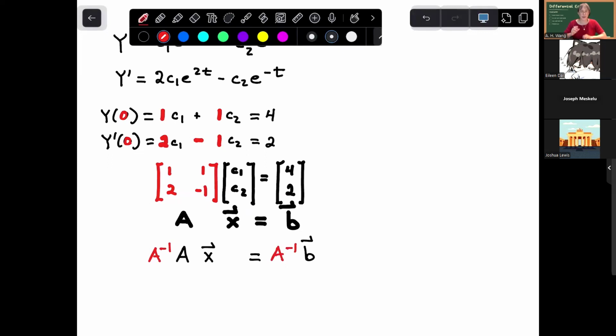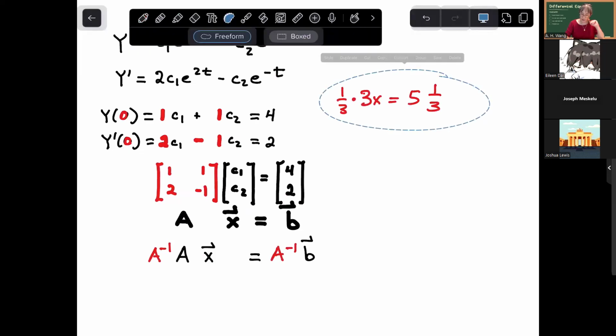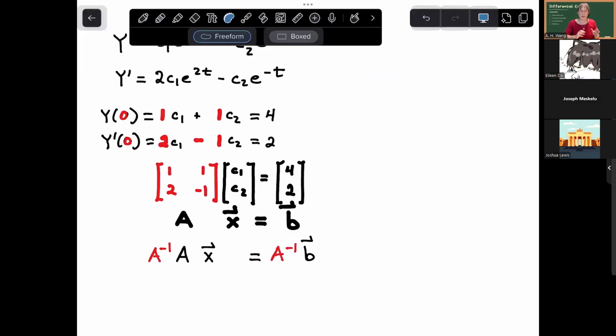With numbers, if you had something like 3x equal 5, you can multiply by 1/3. But with matrices, whenever you do anything, you have to left multiply both sides or right multiply both sides, okay? So if your A inverse exists, then you can do this, and this will be the identity. And then you get X equal A inverse B.